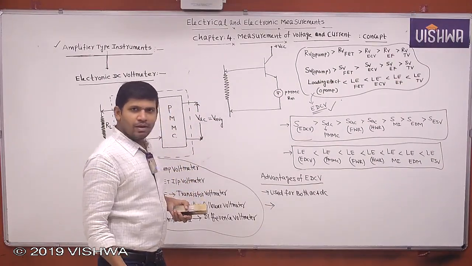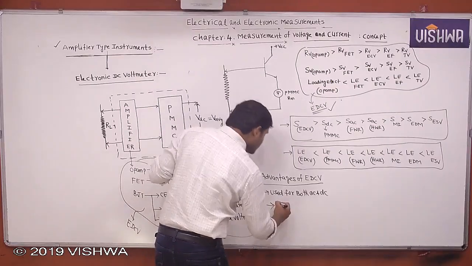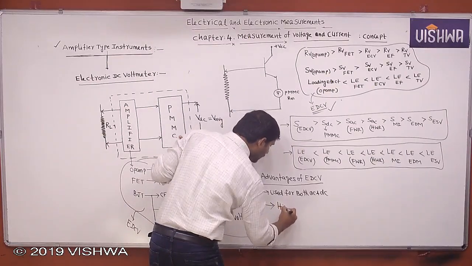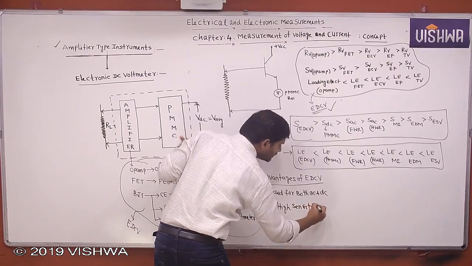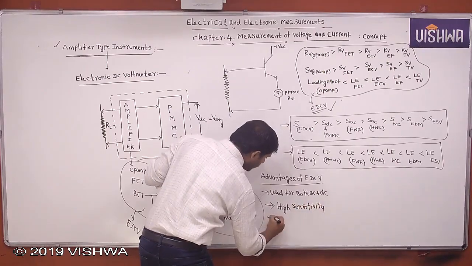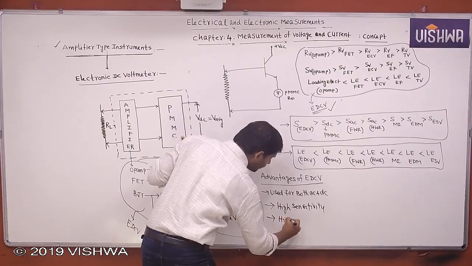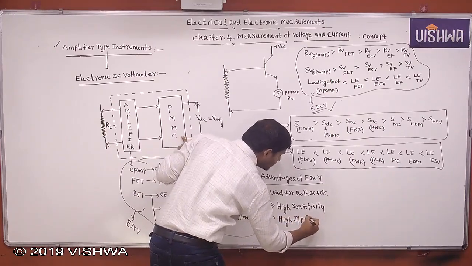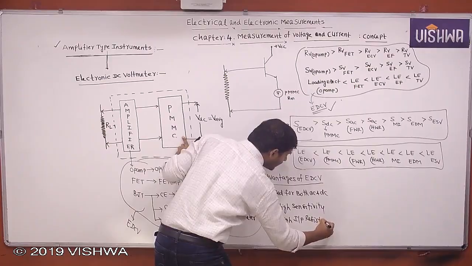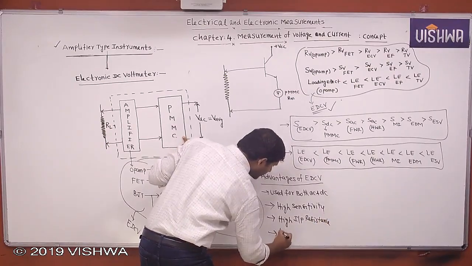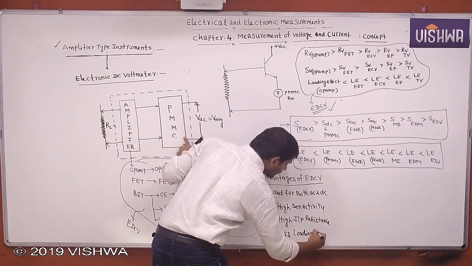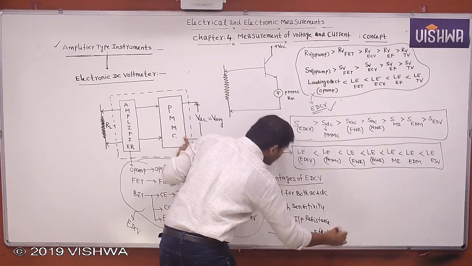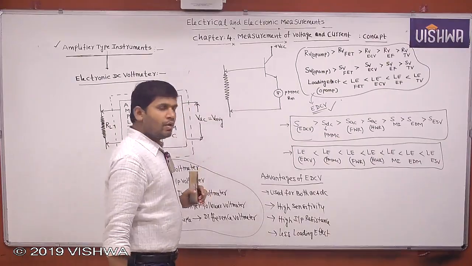Then high sensitivity, high input resistance, and another one is less loading effect. Okay, these are the advantages of electronic DC voltmeter.